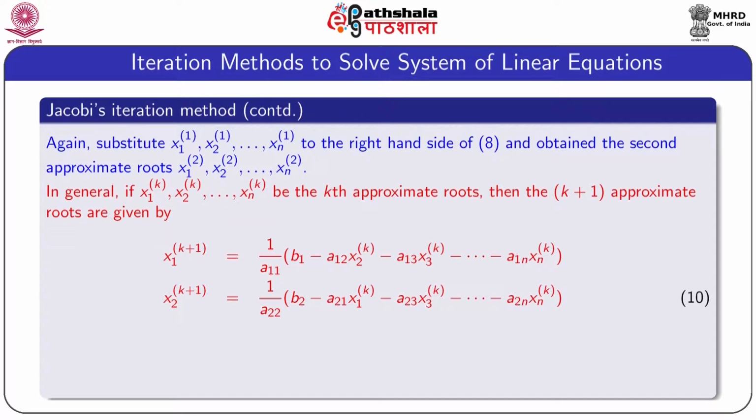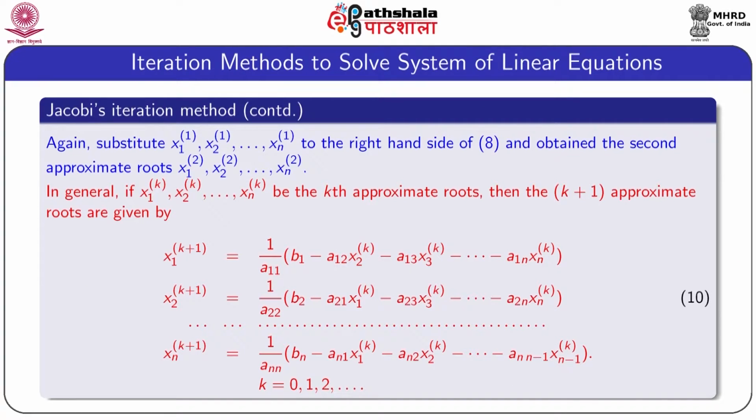That means the kth iterated values of x2, x3 up to xn are used to find the (k+1)th iterated value of x1. Similarly, the kth iterated values of x1, x3 up to xn are used to calculate the (k+1)th iterated value of the second variable x2.